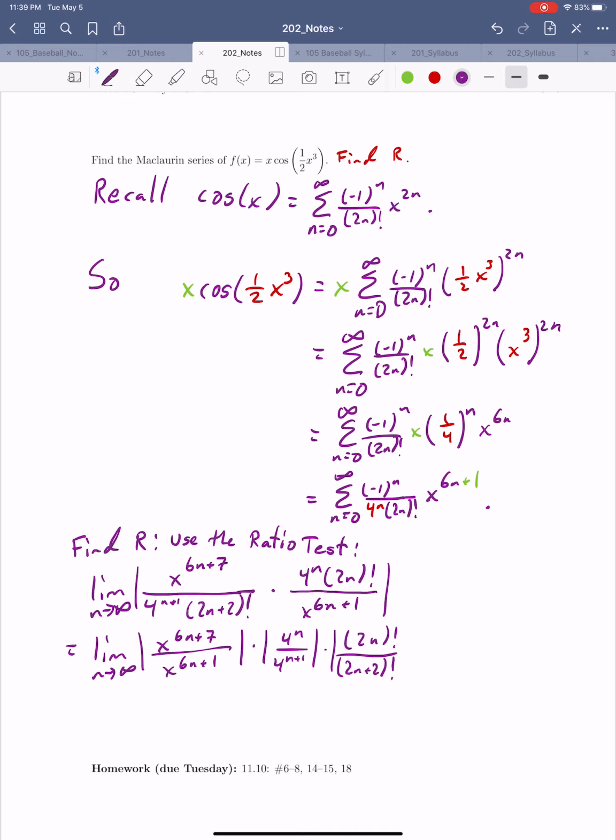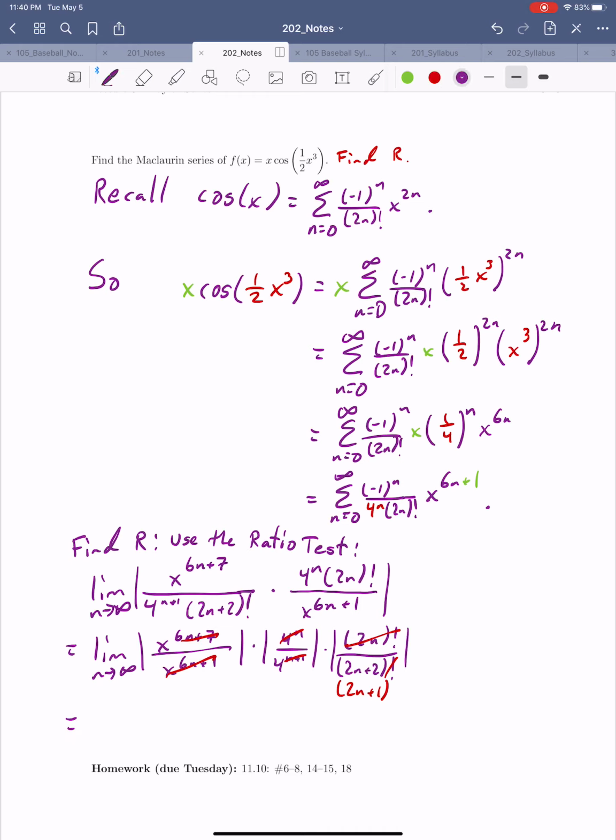I won't forget those absolute value signs, okay? And how are those going to cancel, right? Well, we're going to be left with an x to the 6th there, a 4 there, and then this is going to be times 2n plus 1, right? Because (2n+2)! is (2n+2) times (2n+1) times (2n)!.